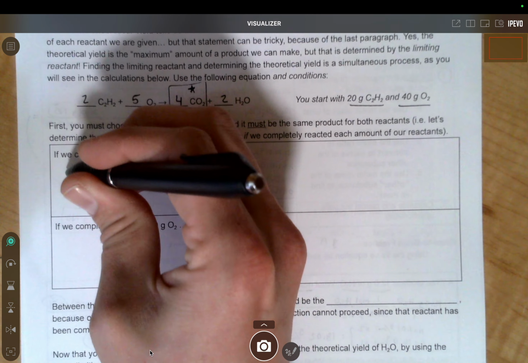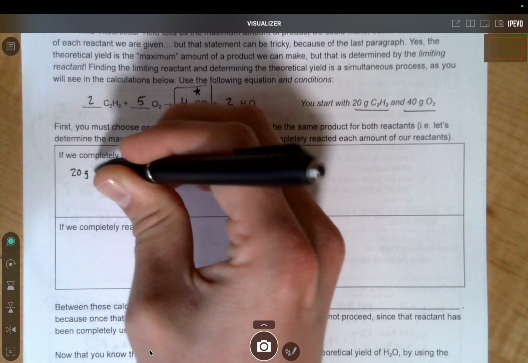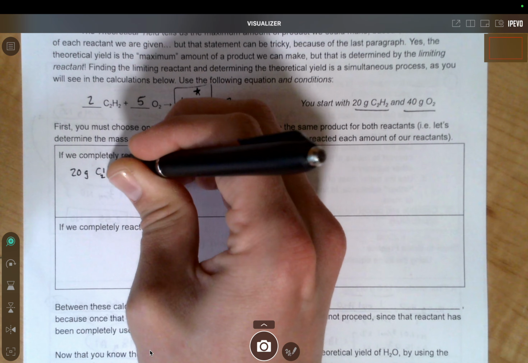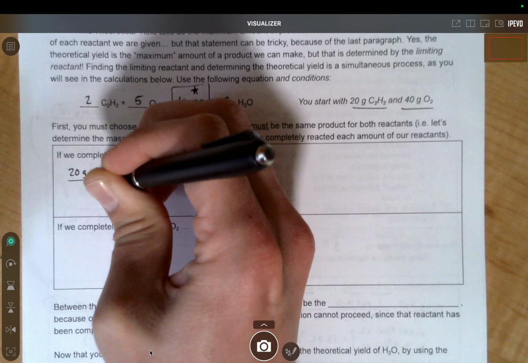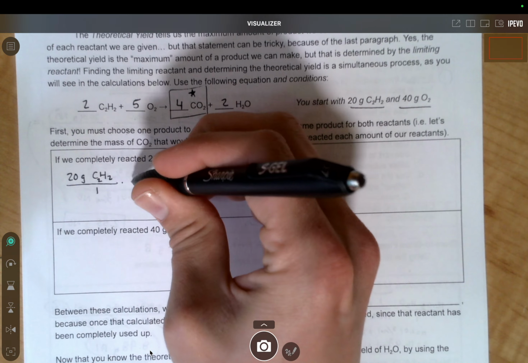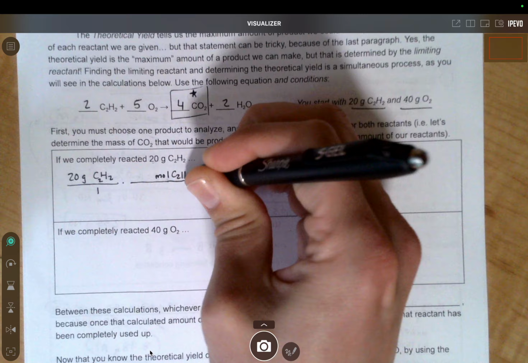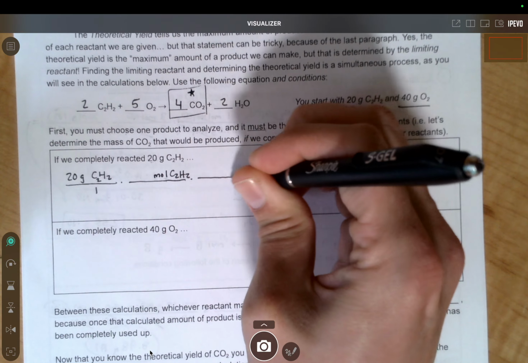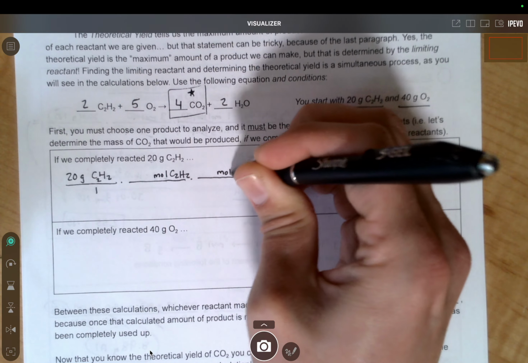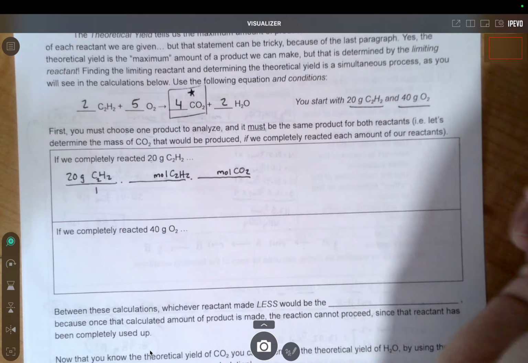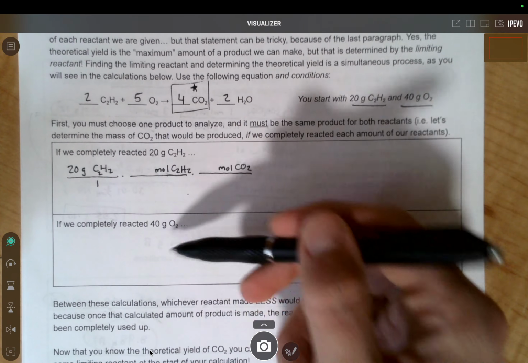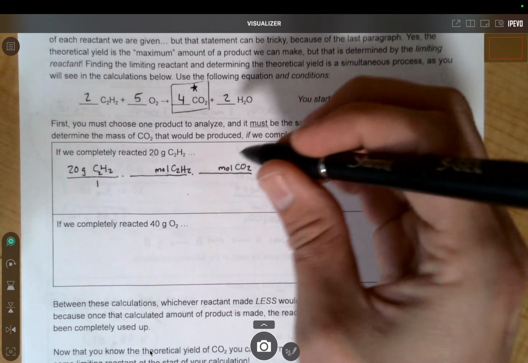Here we go. We start with what we know: 20 grams of ethyne, C2H2. And we then solve for moles of C2H2. Then we solve for moles of CO2. You could do this for H2O if you wanted to, but you'd have to do H2O for both calculations.